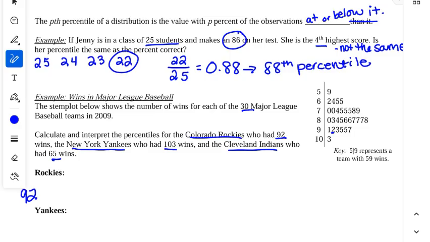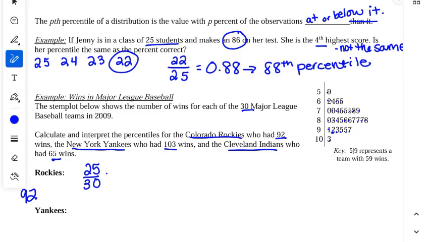And so there are 30. So 1, 2, 3, 4, 5. So this would be 25 out of 30, because I could count it the other way. 1, 2, 3, and so on up to 25.